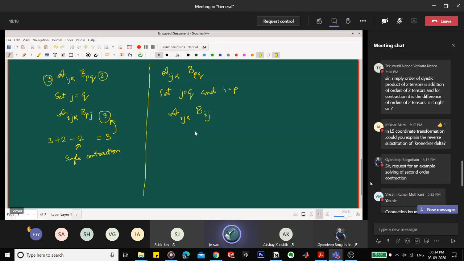You see, i is a repeated index, it does not contribute to the order of the tensor. j is again a repeated index, it does not contribute to the order of the tensor. The only free index here is k. So this is contributing to the order of the tensor, and because there is only one free index, the overall entity, despite this horrible looking complicated thing, is just a tensor of order 1, or simply a vector.